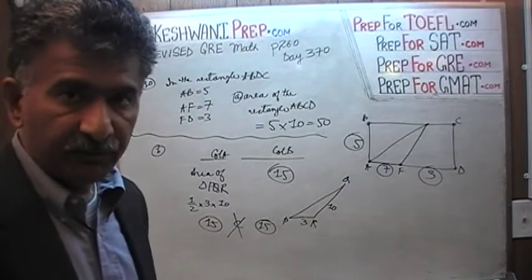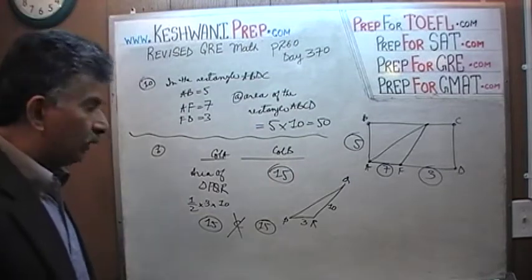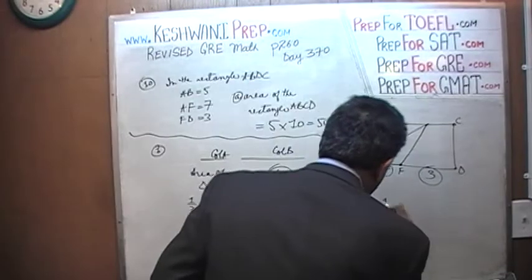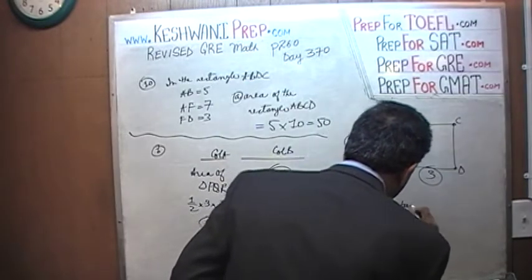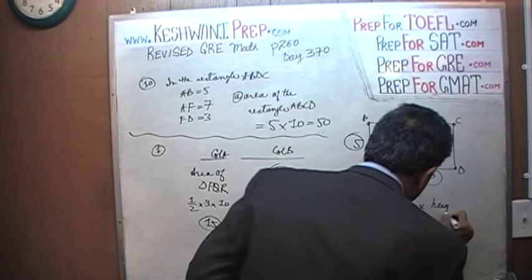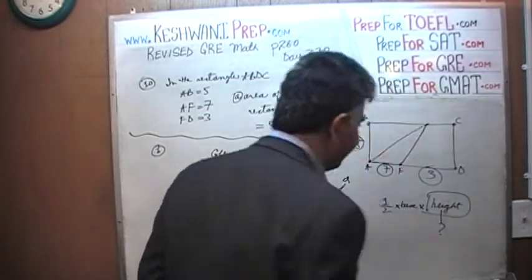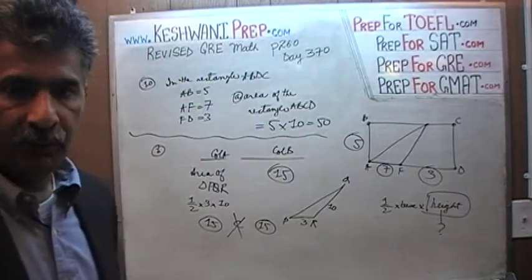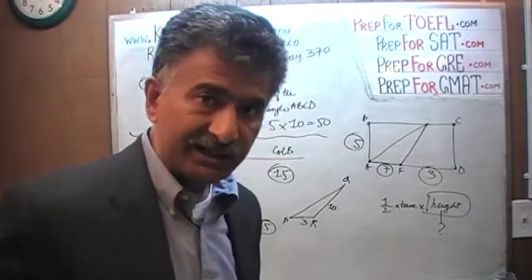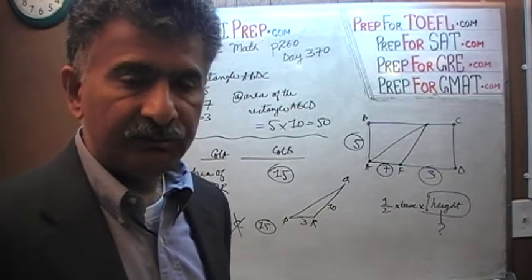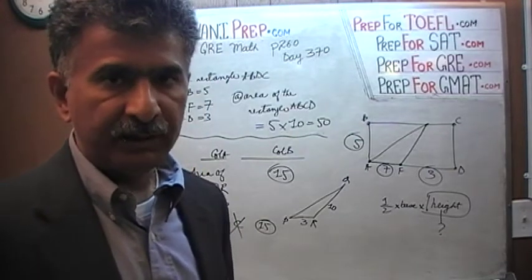It's not the correct answer because, listen carefully, how do we find the area of a triangle? Area of the triangle is 1/2 base times height. What does this term mean, height? Height means exactly what it says. Height means how high the picture is.